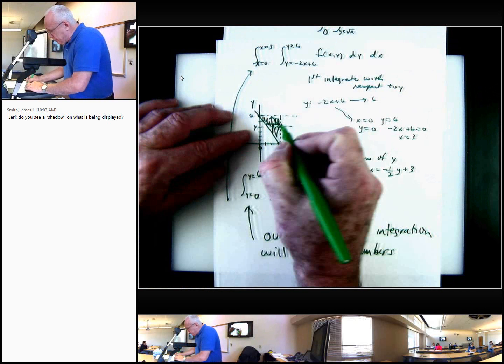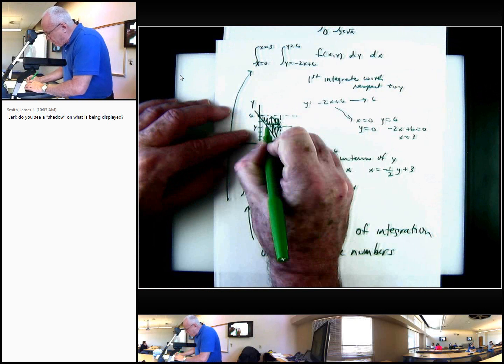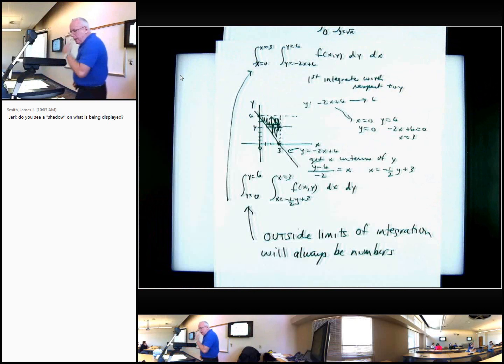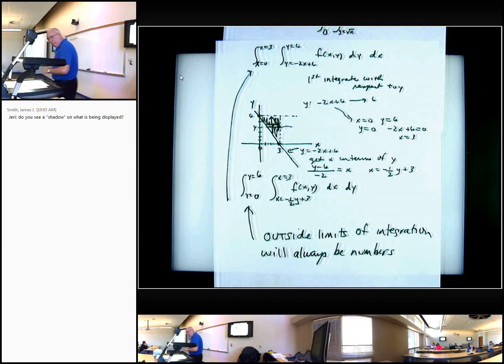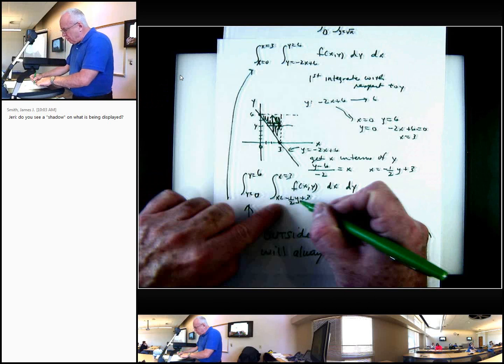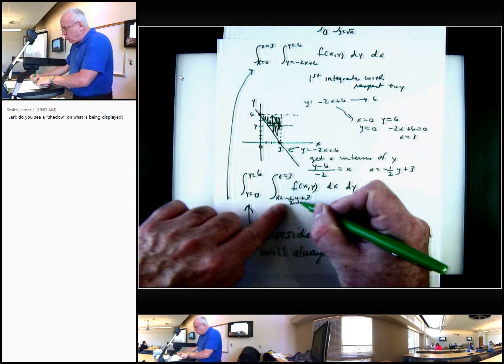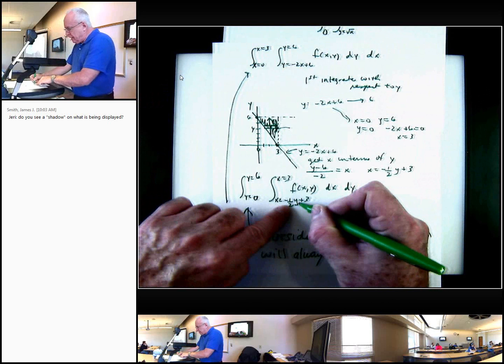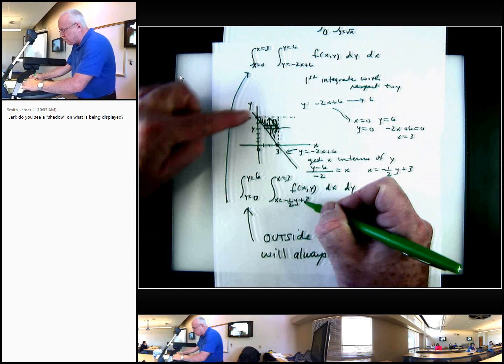And so basically, x is going from 1 to 3. And then when y is equal to 6, we have x going from 0 to 3. Negative 3 plus 3 is 0. x is going from 0 to 3.